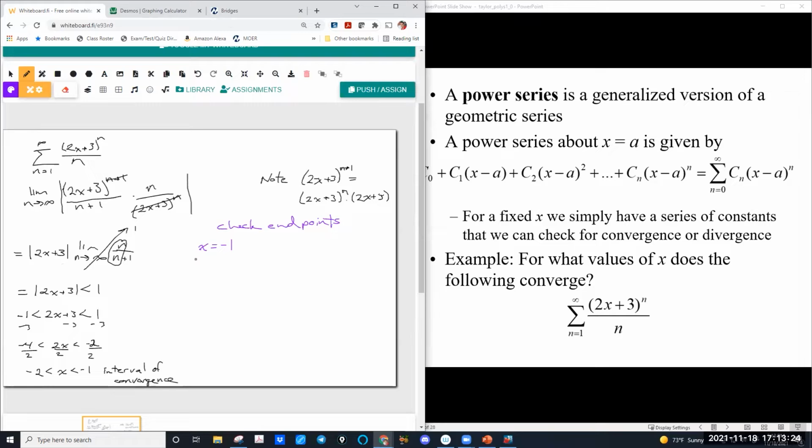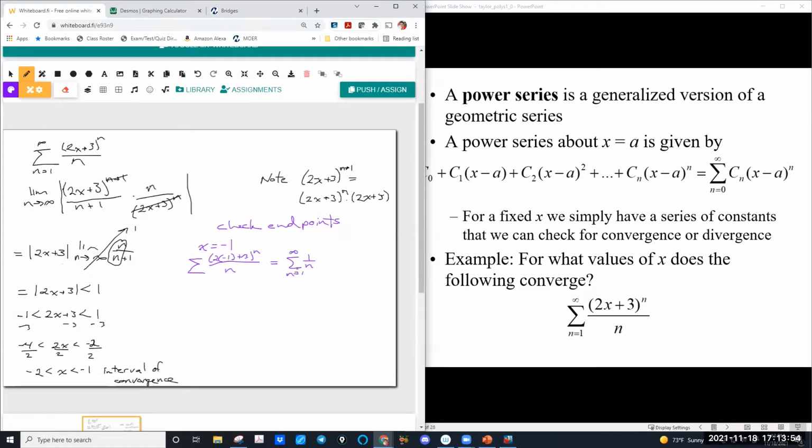So if x equals -1, then our power series becomes 2 times -1 plus 3, to the n, over n. This is a -2 plus 3 is 1. 1 to the n is just 1. So this whole thing simplifies down to the series 1 over n. This is a series we've seen before.